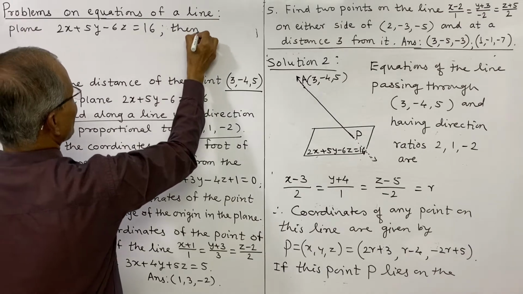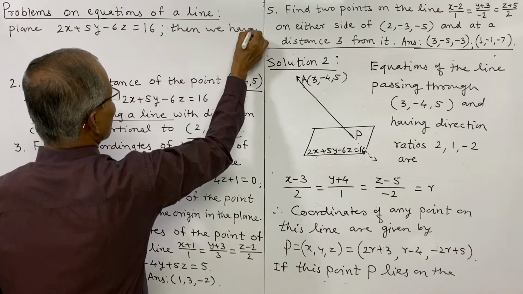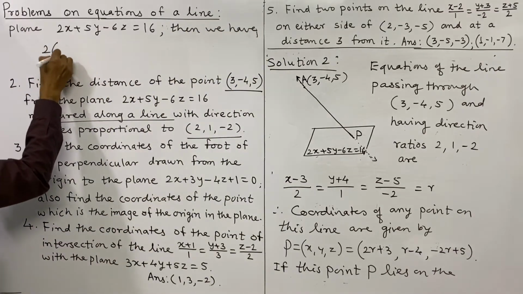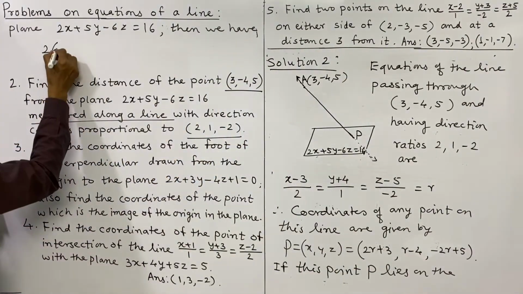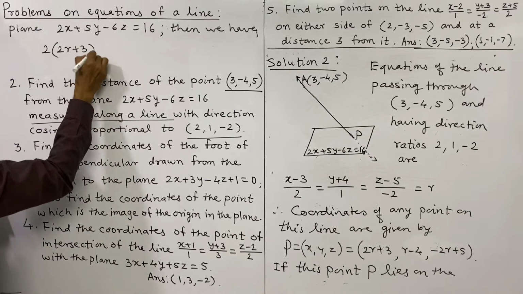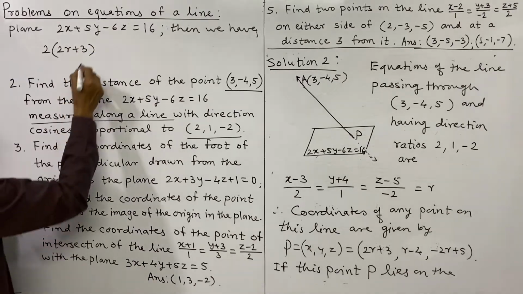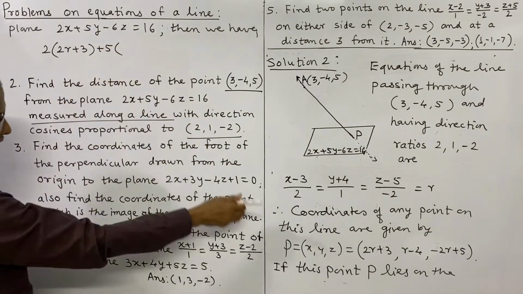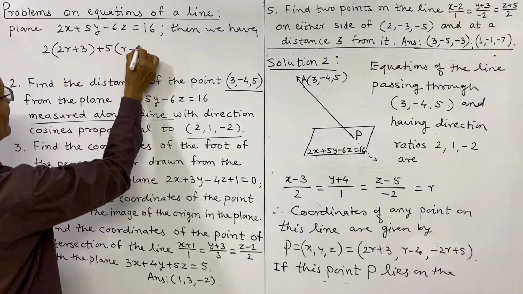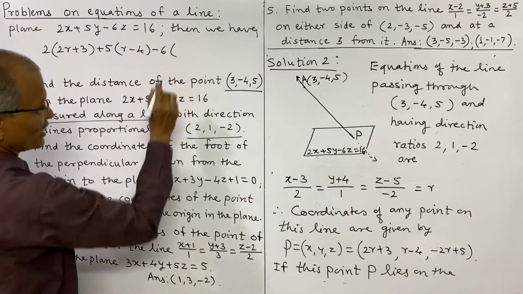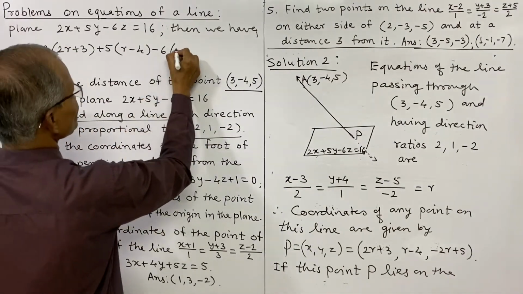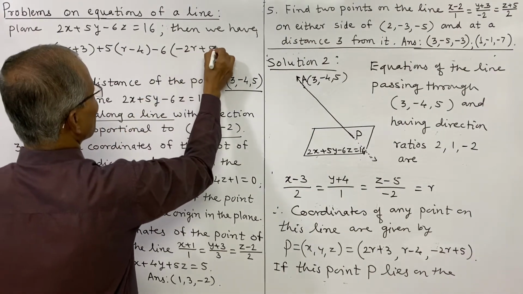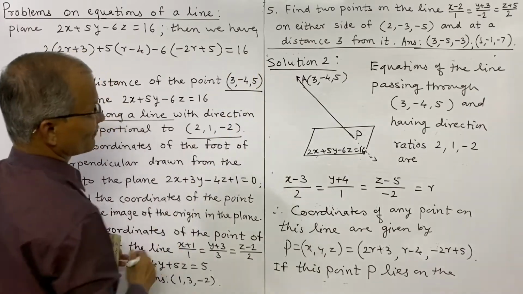Then we have 2 into x, x means 2R plus 3, so 2 into 2R plus 3, and further plus 5 into y, y coordinate is R minus 4, and minus 6 into z, z is minus 2R plus 5, and this is equal to 16.